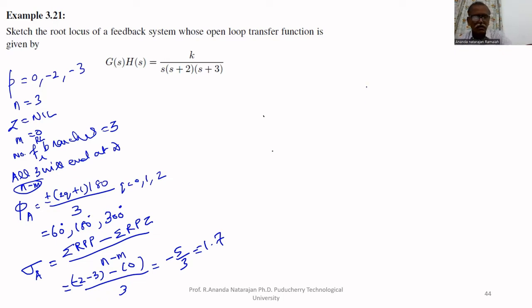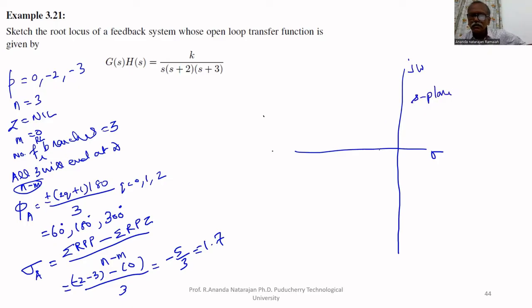Now let us draw the root locus. For that, we have to take the S-plane, sigma j omega S-plane. So -1, -2, -3, -4, 0, j, 2j, -j, -2j.